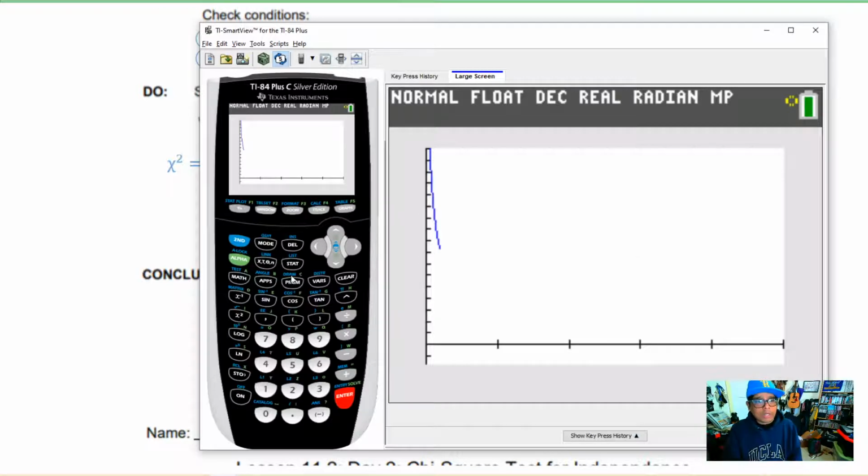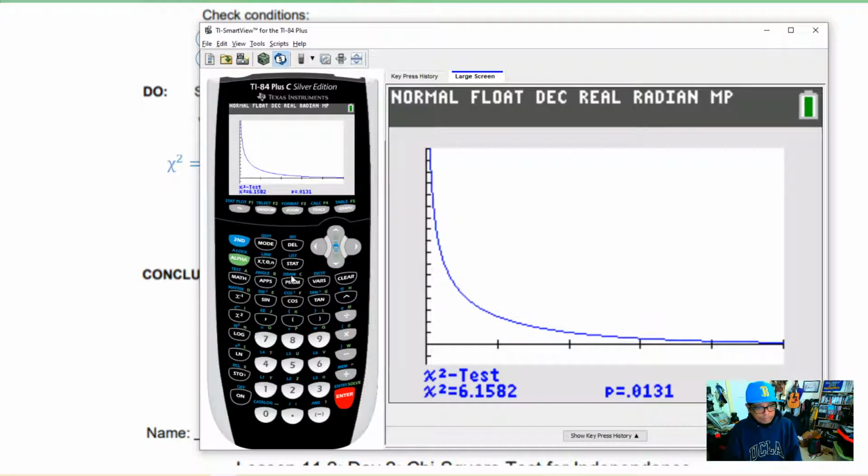And it's going to give us all of the same information, except for it's also going to give us the actual shape of the chi-square distribution with 1 degree of freedom. So it does take a little while for this to draw. And then it's also going to shade in the p-value, which is kind of nice. So there we go. It's already shaded in. It's really hard to see, but it's right at the very end there.